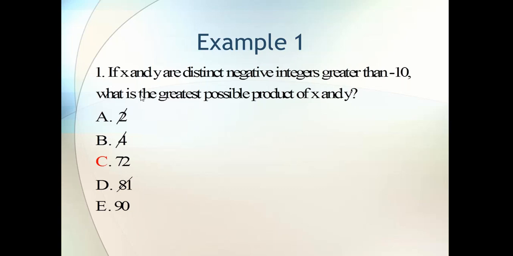And we want the greatest possible product of x and y, which means we need the 2 greater integers in magnitude, which obviously are 9 and 8, right? So 9 times 8 is 72, or -9 times -8 is 72, so the answer is obviously 72. So that's solving it straightforwardly.